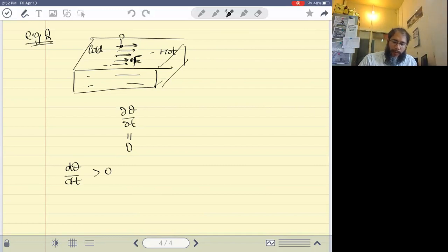Now the second term in this Eulerian description of material derivative was your v dot grad theta. Since it's a 1D situation, the dot product has no meaning, the vector has no meaning, and the gradient of theta simply is d theta by dx, where x is this coordinate.